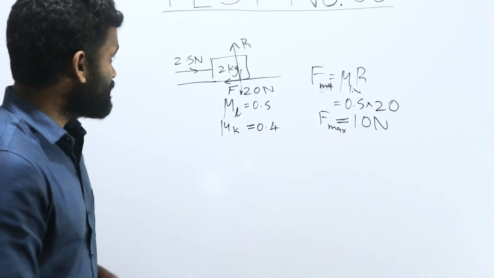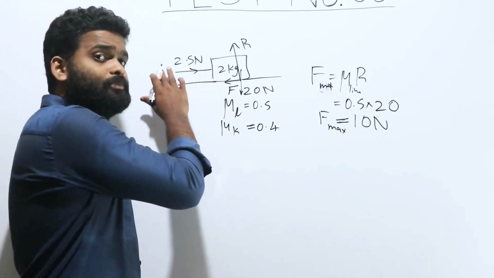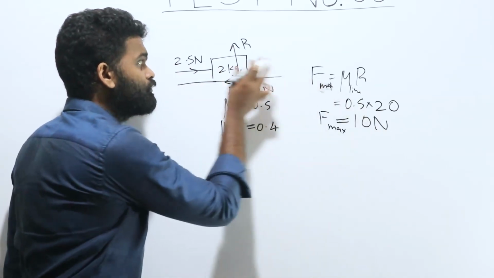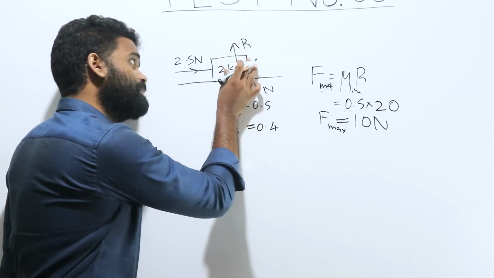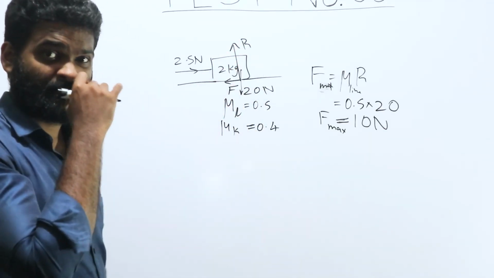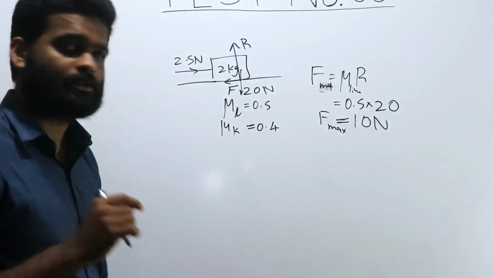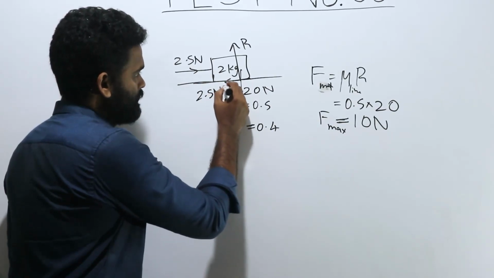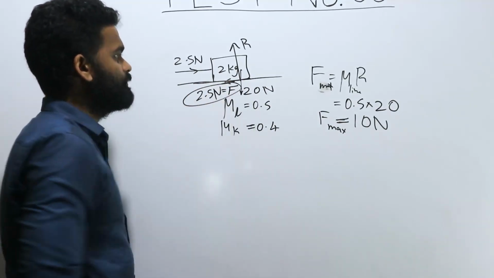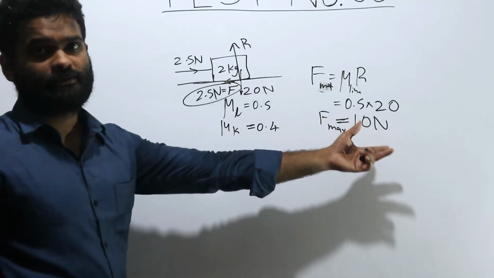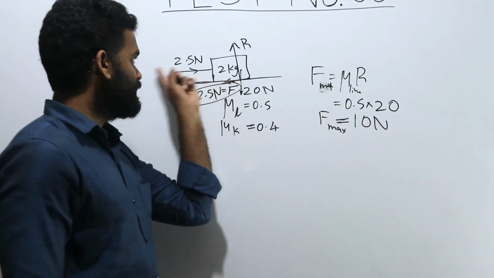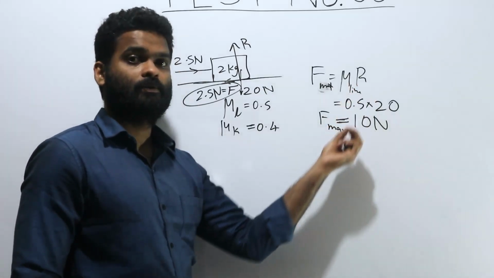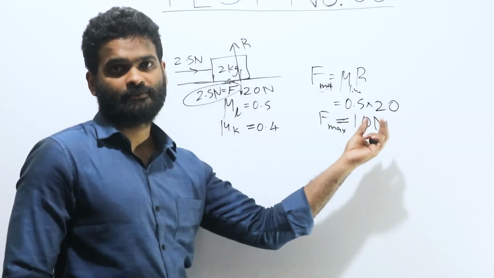The applied force is only 2.5 Newton. We don't need this much friction in order to keep this object in equilibrium. We only need a friction of 2.5 Newton. We don't need 10 Newton. This is just to check whether the applied force goes beyond 10 Newton.